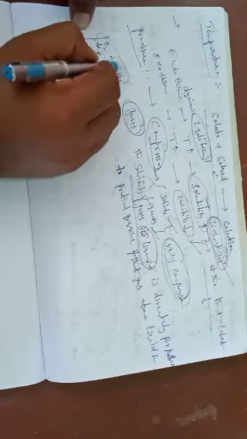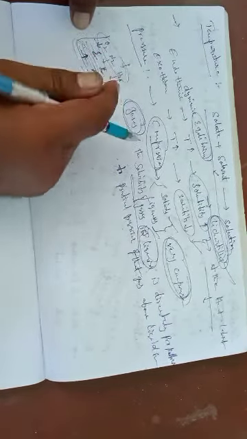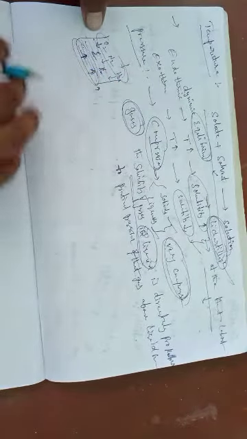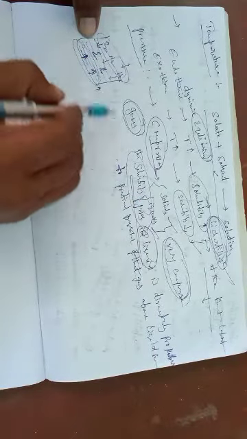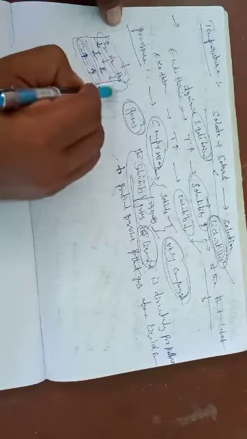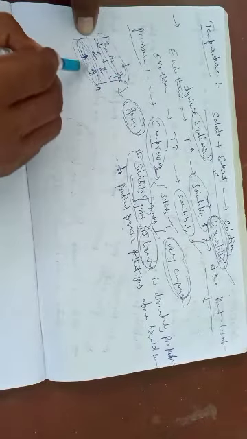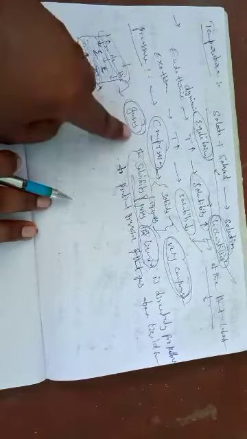So this pressure is equal to this pressure. In case the external pressure increases, automatically the internal pressure increases. So the solubility of these gases is directly proportional to the partial pressure of the gas above the liquid.